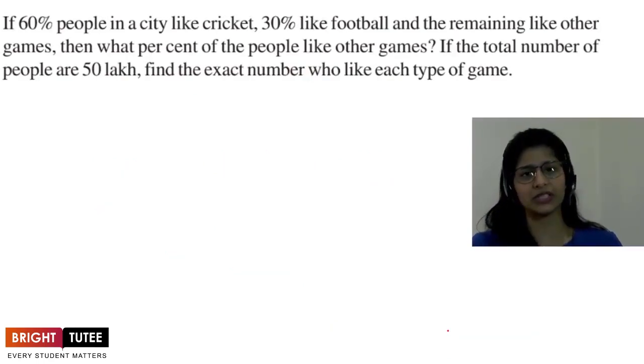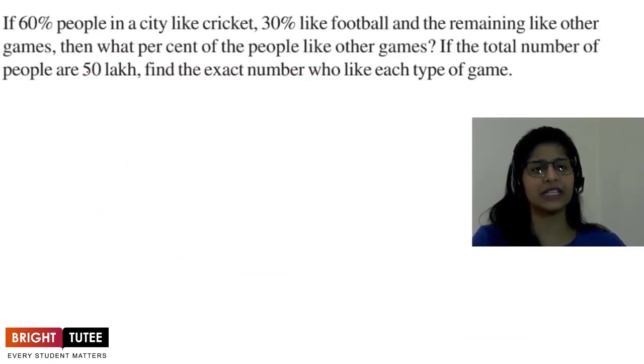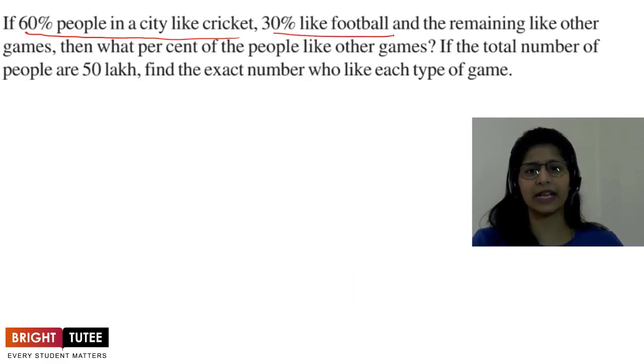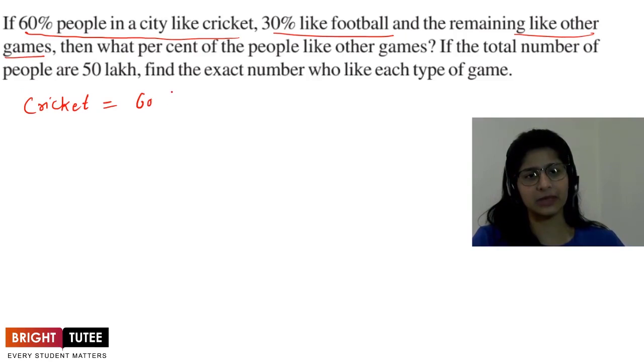Here is another question. It says if 60% people in a city like cricket, 30% like football and the remaining like other games. So for cricket, what is the percentage given? 60%. Then for football, we are given 30%.